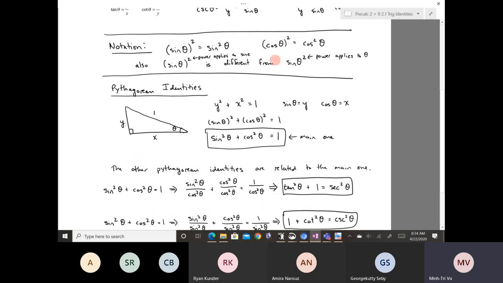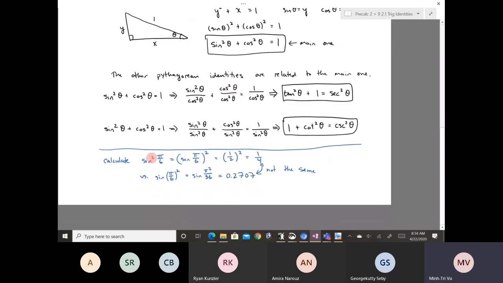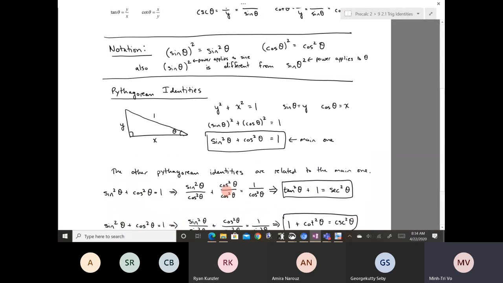So be careful about how you think of the powers of the trig functions, right? When we have powers of the trig functions, we typically almost always mean the first thing that I've written here, this expression. Really, what does it mean to square something?